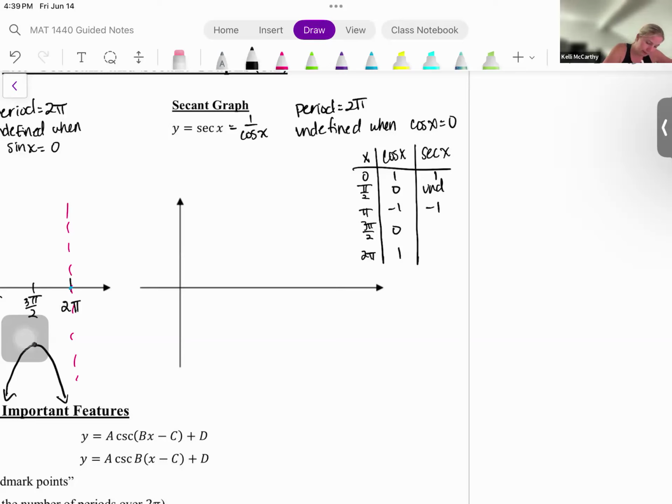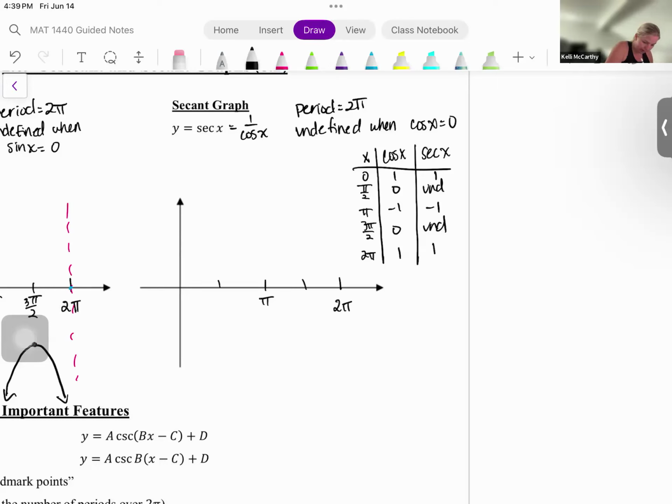Secant of pi is going to be -1. Secant of 3 pi over 2 is undefined. And secant of 2 pi is going to be 1. So setting up our graph, here's 2 pi, dividing that into 4 equal segments.